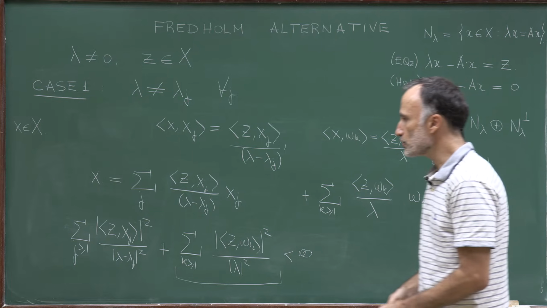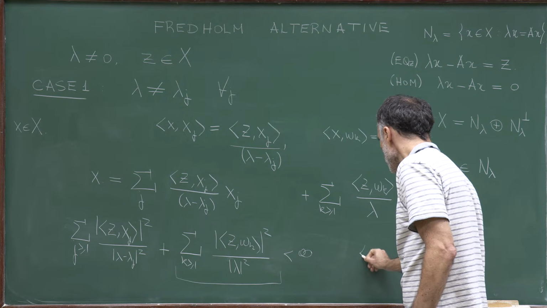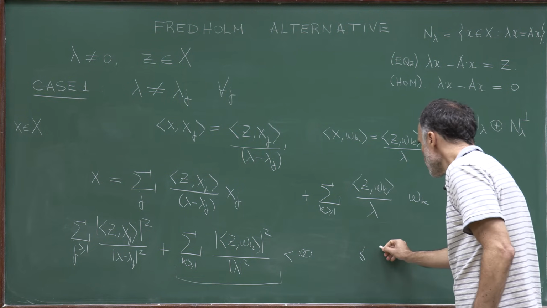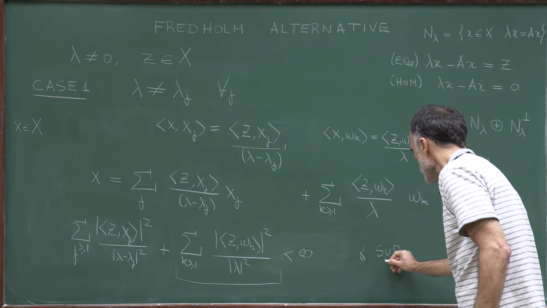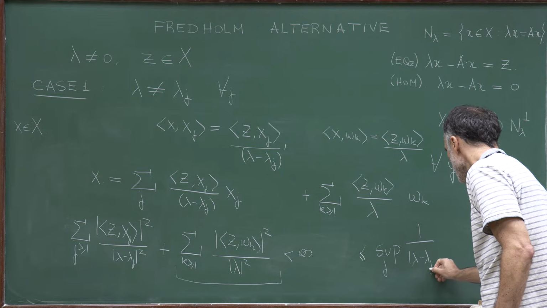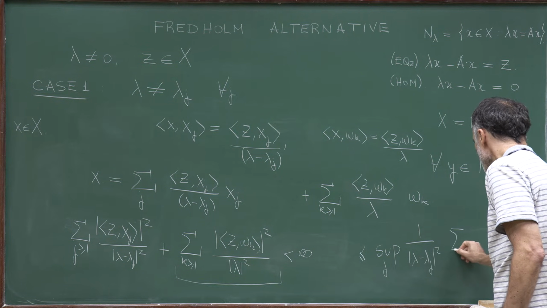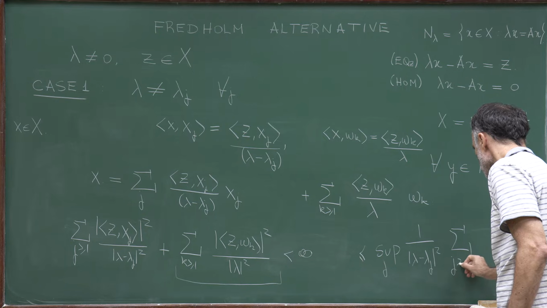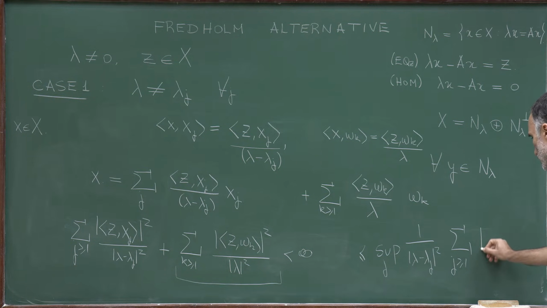And now, for the first sum, I will just bound it by the supremum in j of 1 over |λ − λ_j|² times the sum of |z, x_j|².